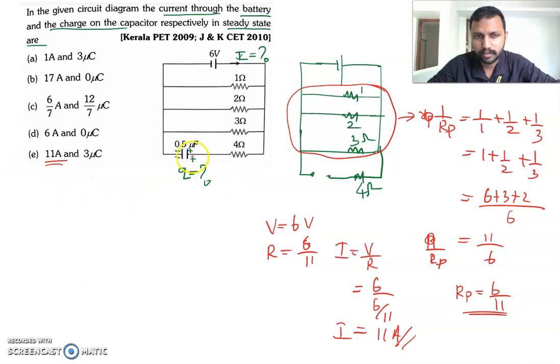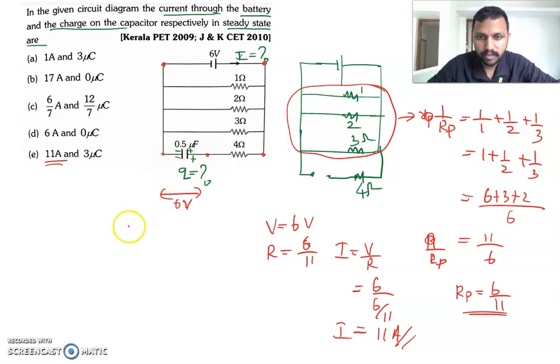If we have to calculate the charge on this capacitor, these two terminals will have a potential difference of 6 volt. That means these two terminals will also have a potential difference of 6 volt. Since through this 4 ohm resistor there is no current passing, the potential difference across the capacitor will be 6 volt.